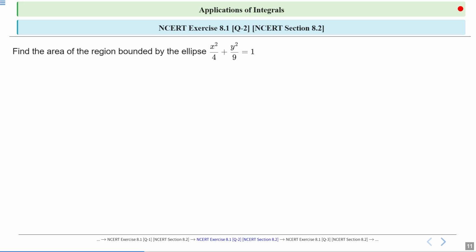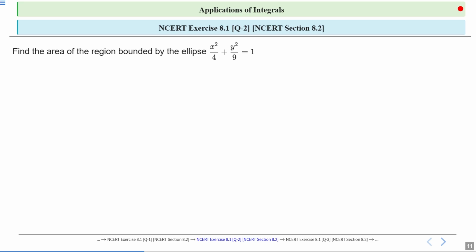Is this ellipse a horizontal major axis or vertical major axis? Okay, and try to draw the graph of the ellipse, and then take a vertical strip or horizontal strip and find the value of limits. And if there is symmetry, just calculate the area of the first quadrant according to the limits, and multiply by that constant to get the area of the entire ellipse.